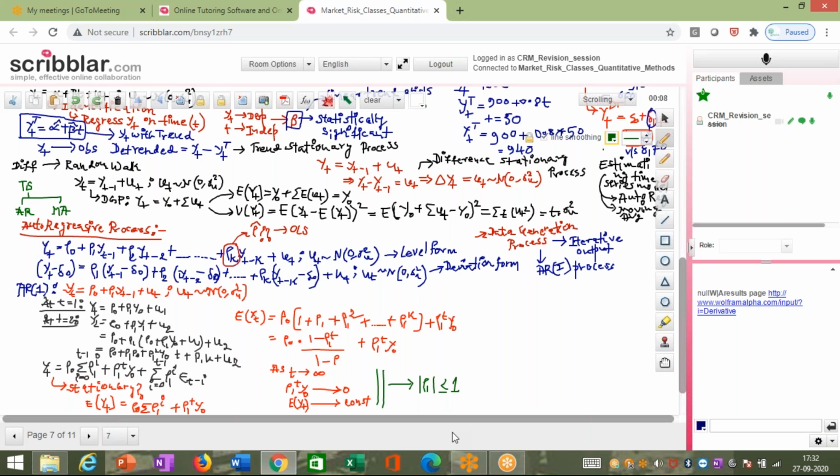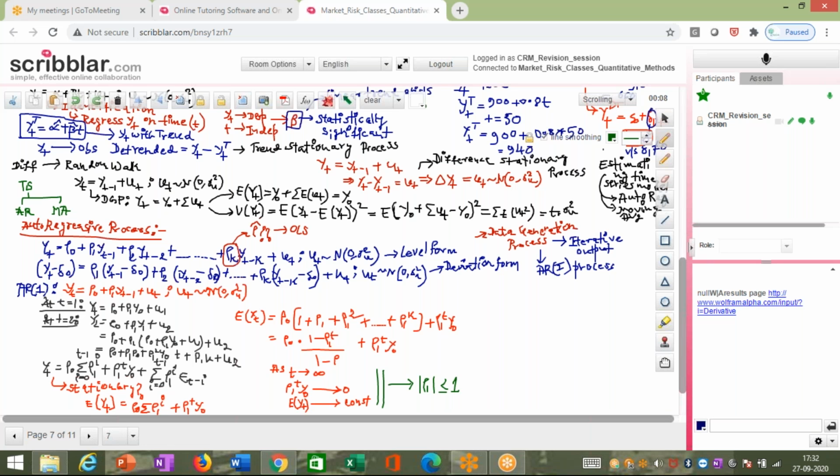Because it's an AR1 process, it is rho 1 only. So if mod rho 1 is less than or equal to 1, then the mean converges to a constant value, and hence it is seen to be a stationary time series under this assumption.